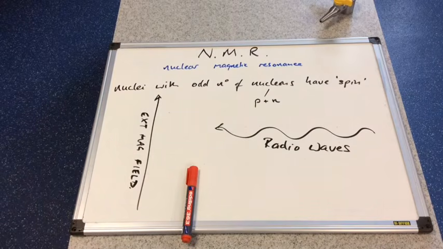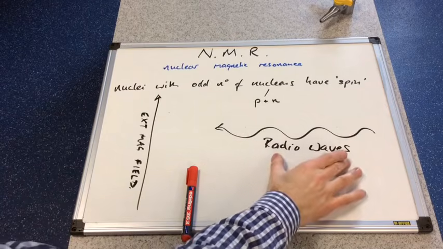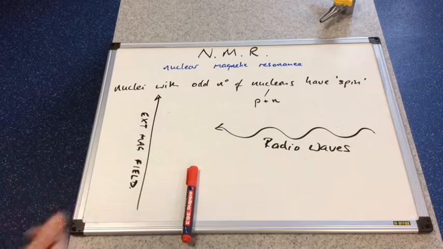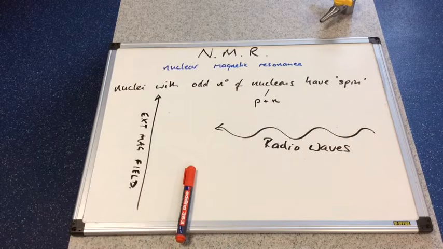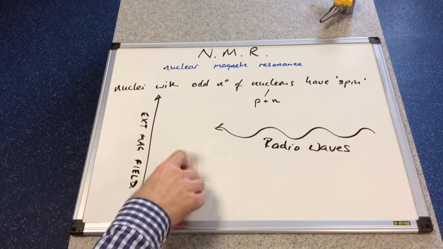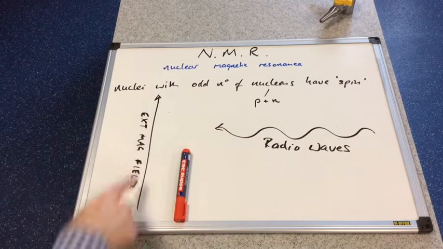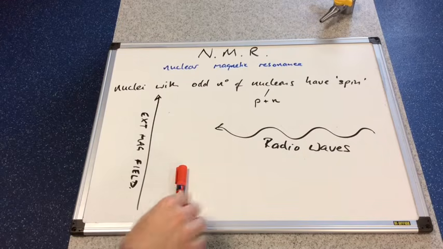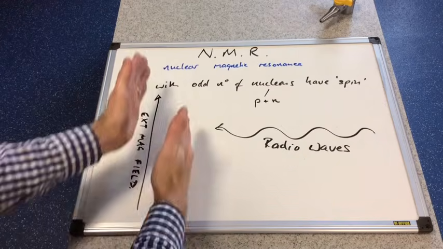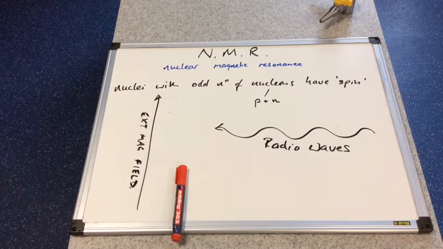If you then expose your nuclei to radio waves of the right frequency, what you can get the spin to do is flip round into the opposite spin state. So remember, the nucleus prefers to be running in the same direction as the external magnetic field.